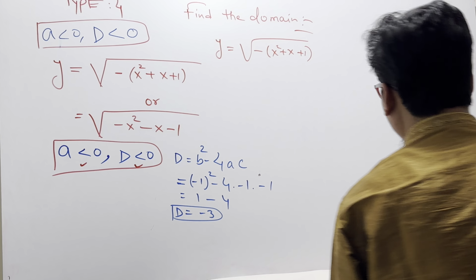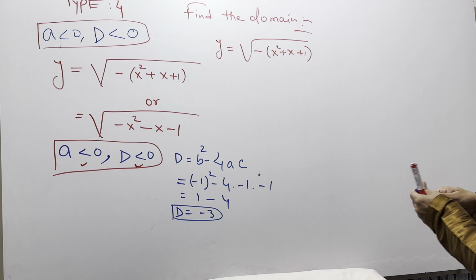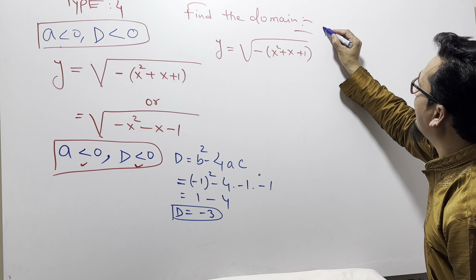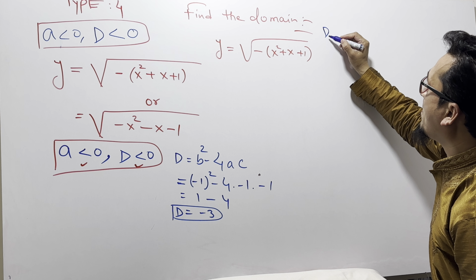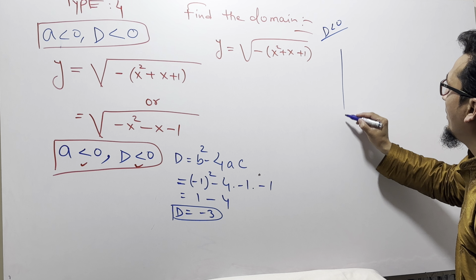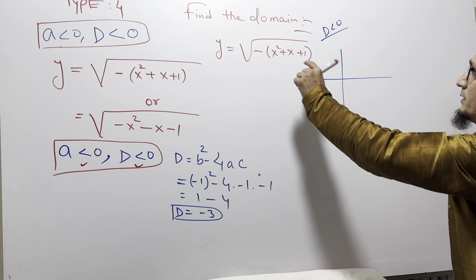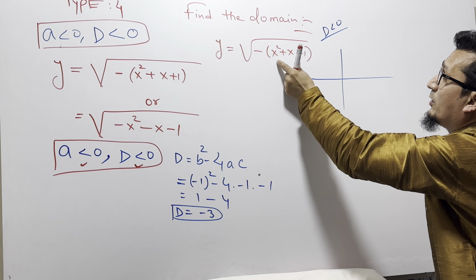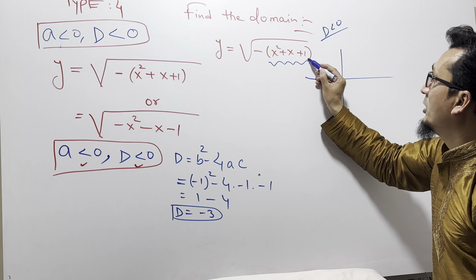See, in type 3, I told you, whenever you have D less than 0, remember one thing: the function never cuts the x-axis, because we cannot find any real values.